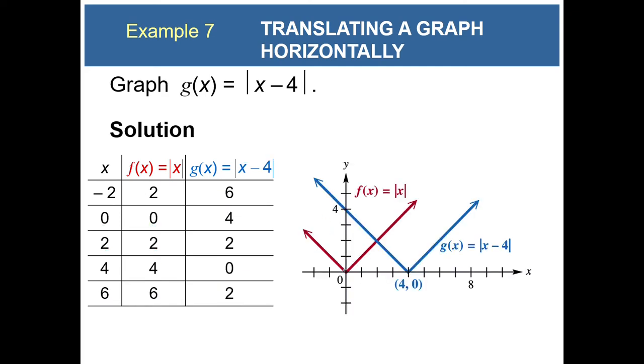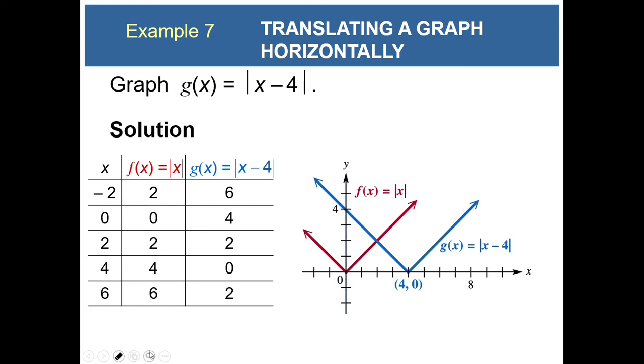The original graph is in red, and you could do that by plotting the points like we did earlier. Now notice what happens when there's a negative 4 inside the absolute value. It actually shifts the graph.